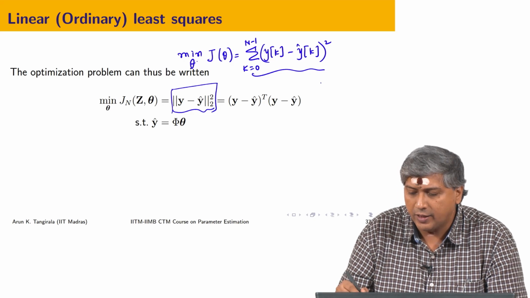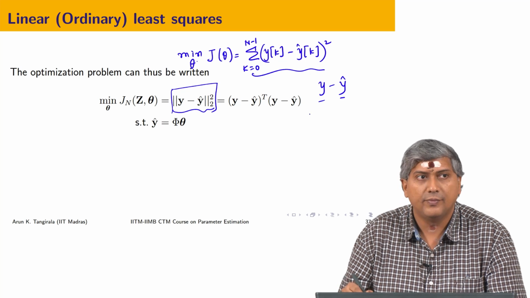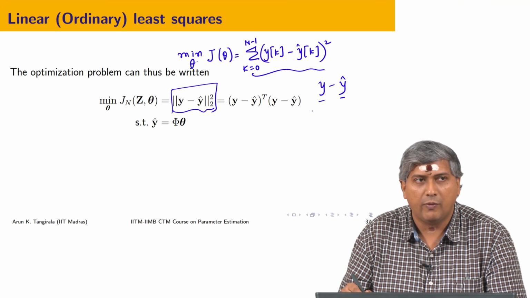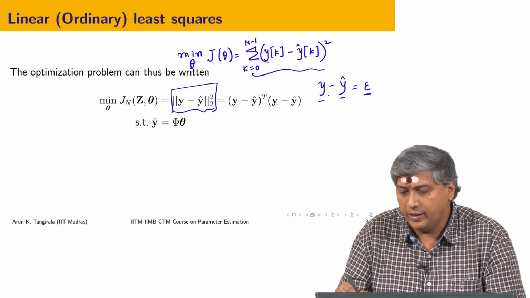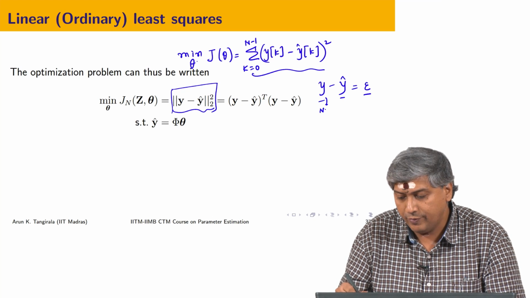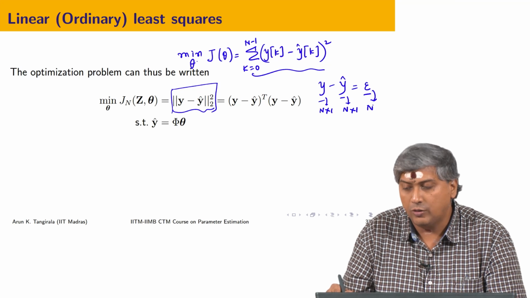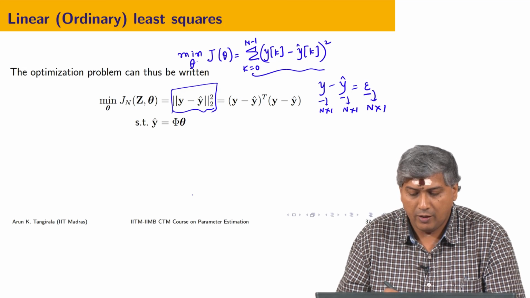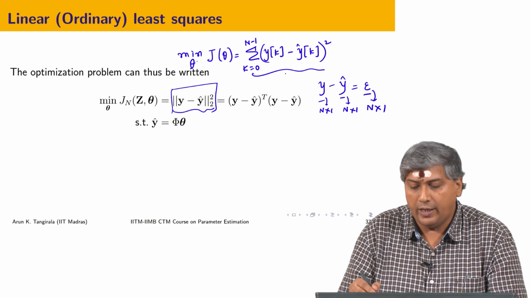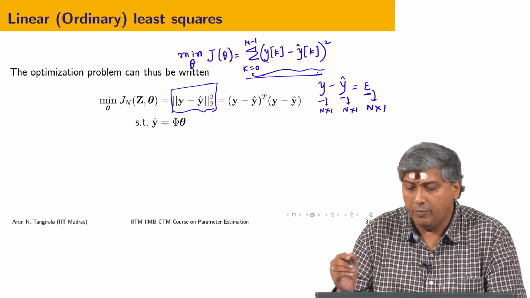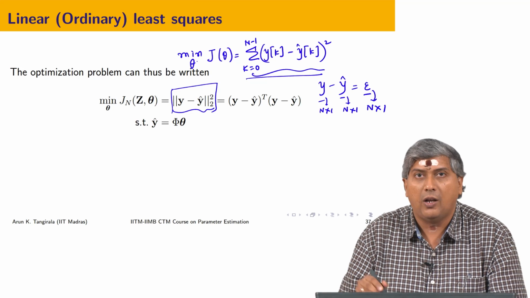Y minus y hat is nothing but your residual vector. Remember, we defined this residual vector already. So, what is the size of this? The size of y is n by 1, size of approximation is also n by 1, epsilon is also n by 1. So, what we are saying is this sum square that you notice here can be written as the squared 2 norm of epsilon vector.